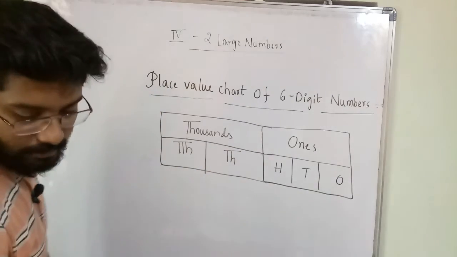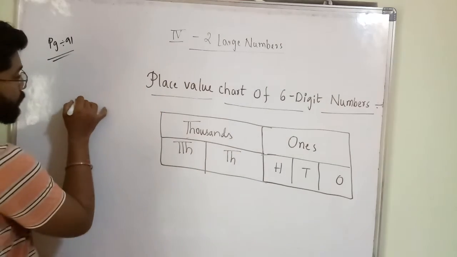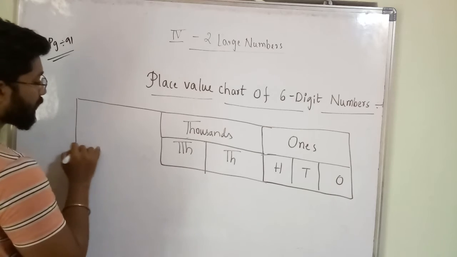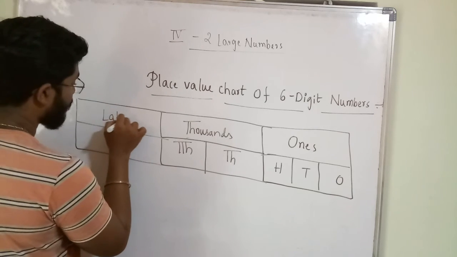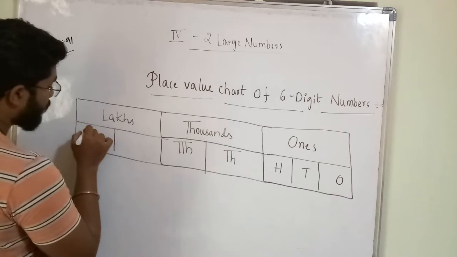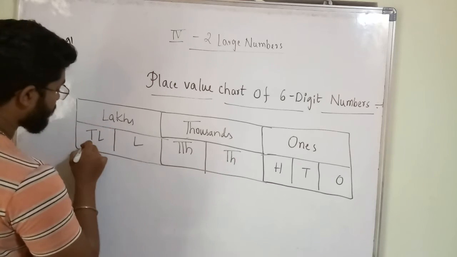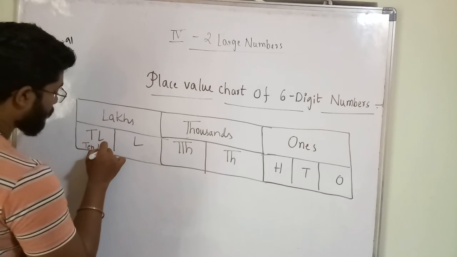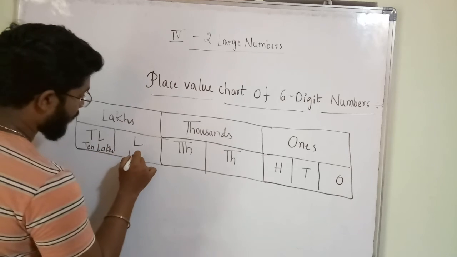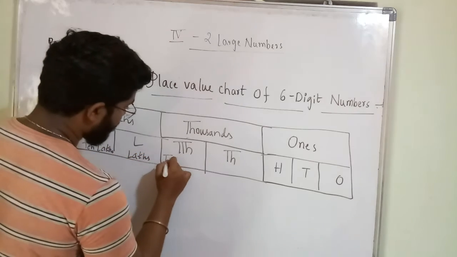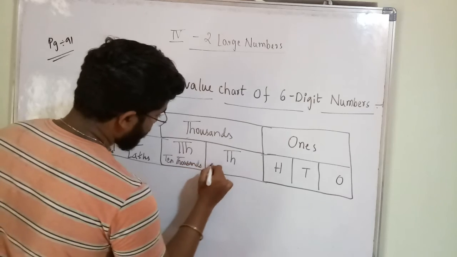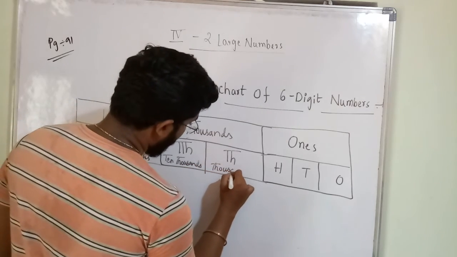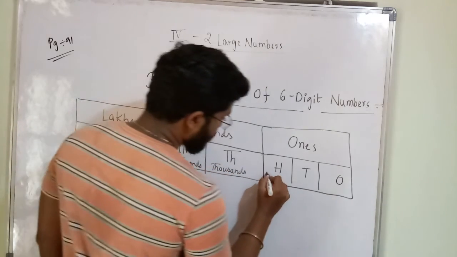Next, lakhs. In lakhs also you will have only 2 place values, 10 lakhs and lakhs. This is called 10 lakhs. This is lakhs. This is 10,000s. This is thousands. This is hundreds.